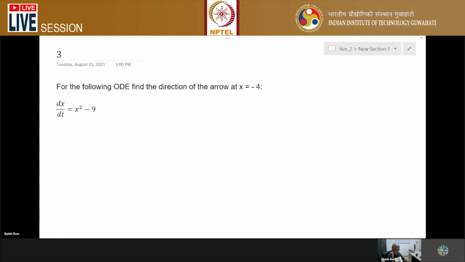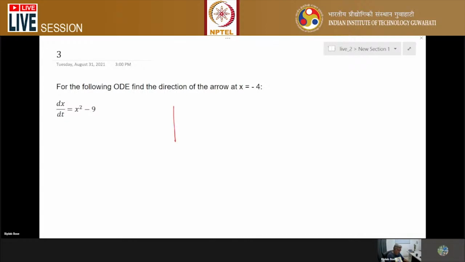Okay. So the next question has the same equation. Actually, it is a continuation of the previous one. Here we are asking you to calculate the direction of the arrow for this ODE in the direction field, right?